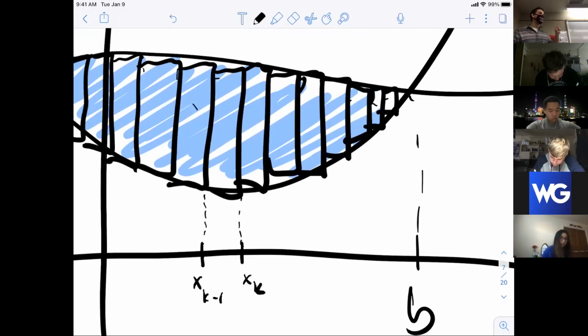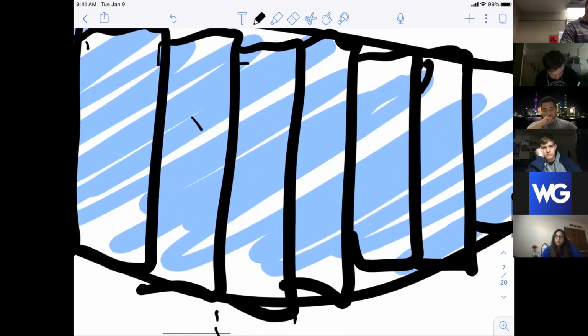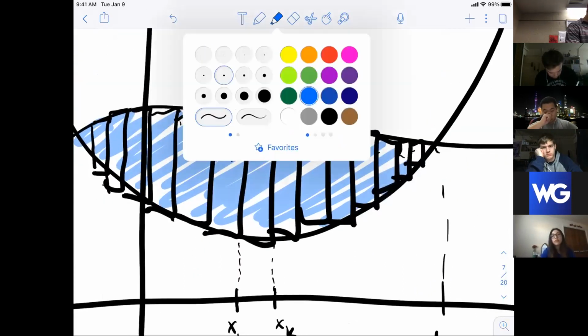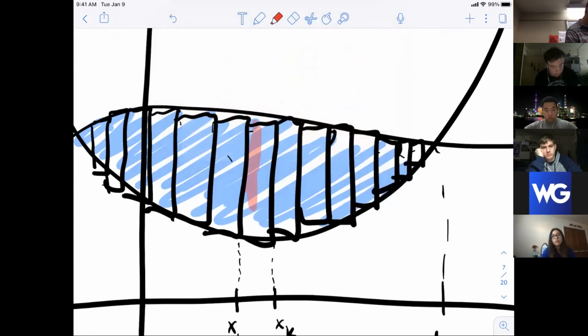So if I want to find the area of this rectangle, the only other thing I need, I have its base, right? Just delta x. The only other thing I need is its height. So what is the height of this rectangle that I'm zoomed in on? I'll color with red to make a distinction.